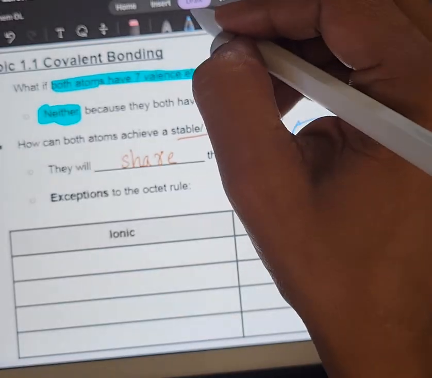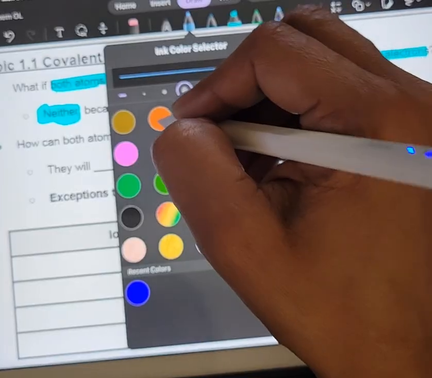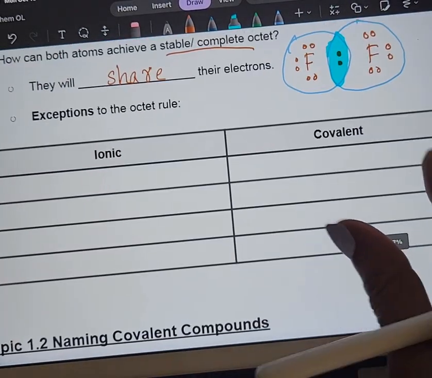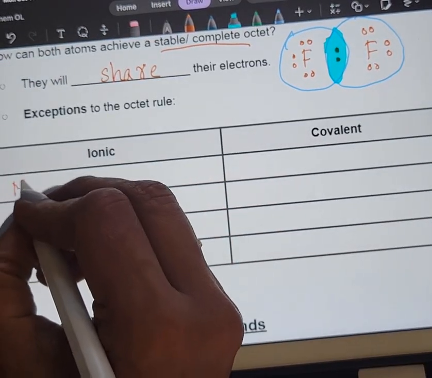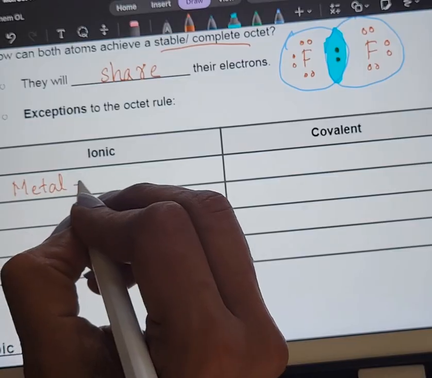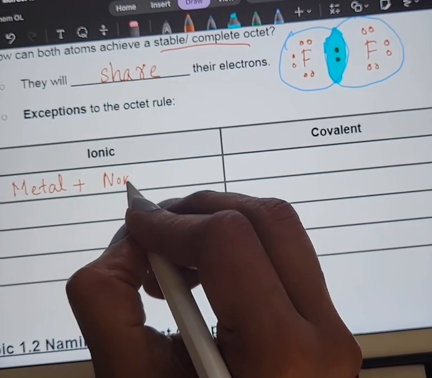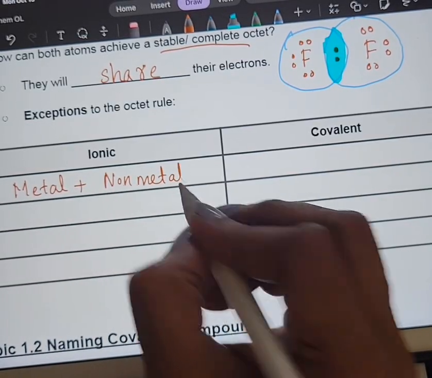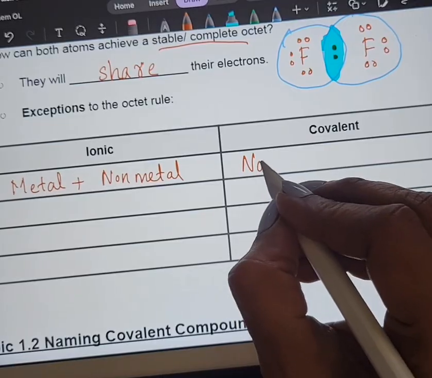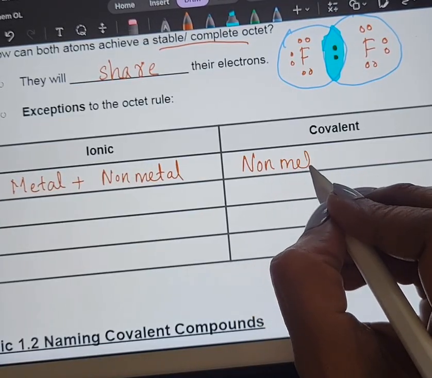So let's compare and contrast ionic and covalent bonds. Ionic is formed between what and what? Metal and non-metal. But a covalent bond is between only what?